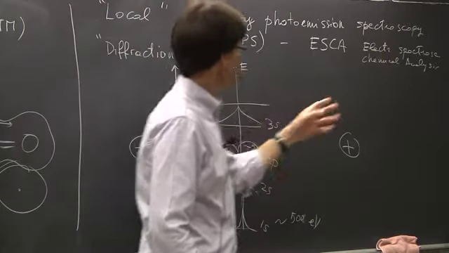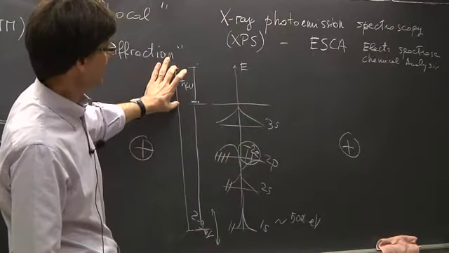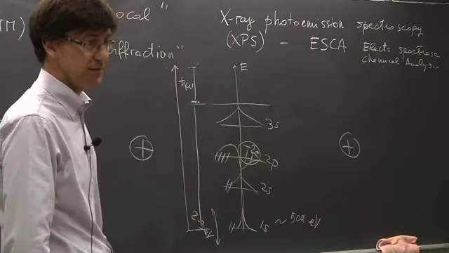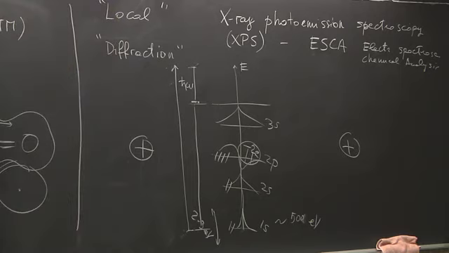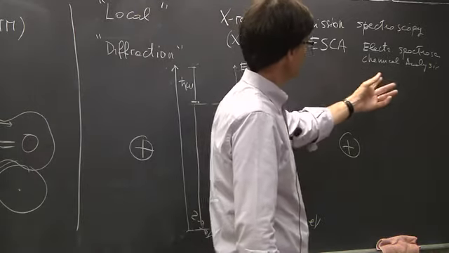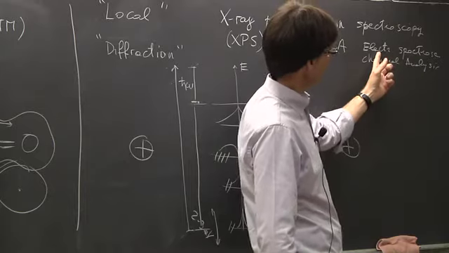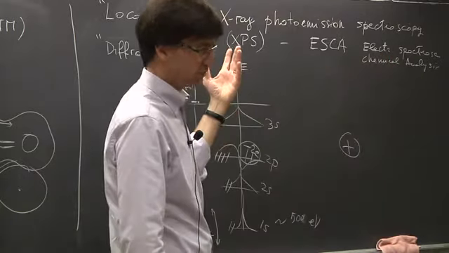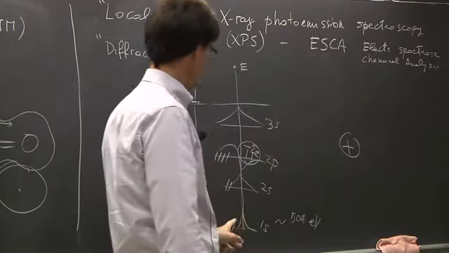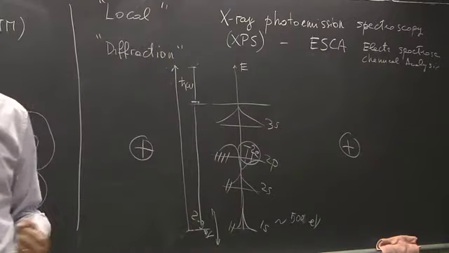Spectroscopy, because I measure the kinetic energy, and by that I can extract the binding energy of the initial state, of the core state. Or, in the old terminology, this is spectroscopy of electrons, photoemitted, of course, for chemical analysis, because in this way we understand the chemical state of the atom.